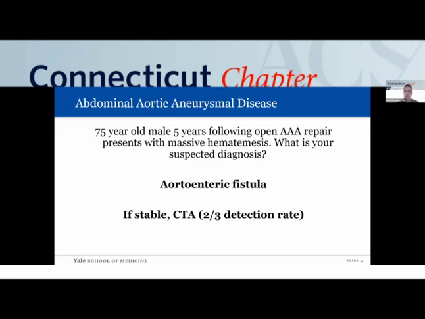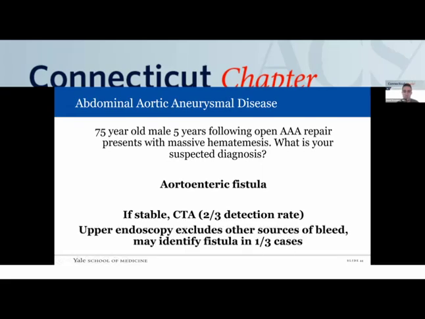They haven't had any catheterizations for endoleaks or anything like that. You may see a loss of fat between the duodenum and the aneurysm itself. You may see a blush from the sac into the small bowel.